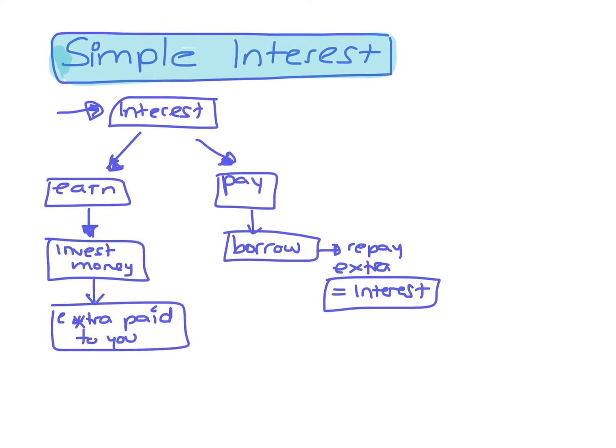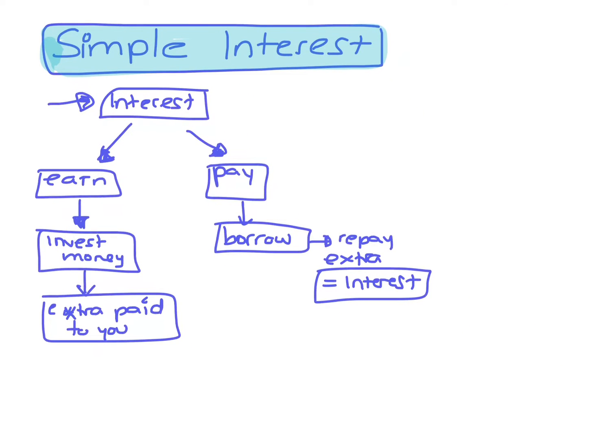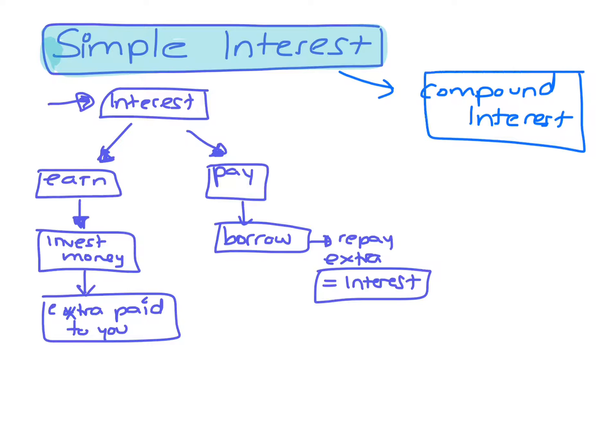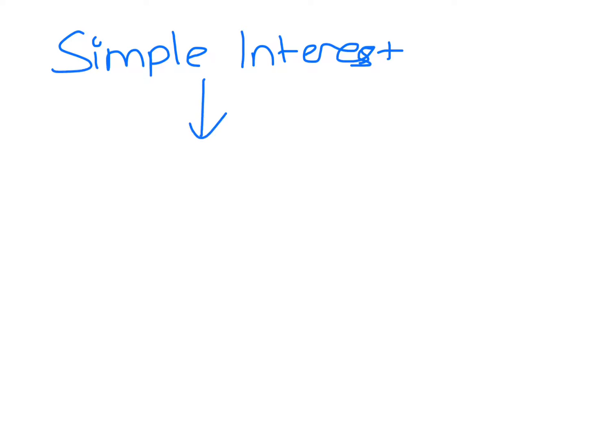Okay, now there are actually two types of interest, and we're going to look at the other one later on. The other one is called compound interest. The one we're looking at the moment is called simple interest. Now, with simple interest, basically, it's a fixed amount each year, and it will be exactly the same each year.